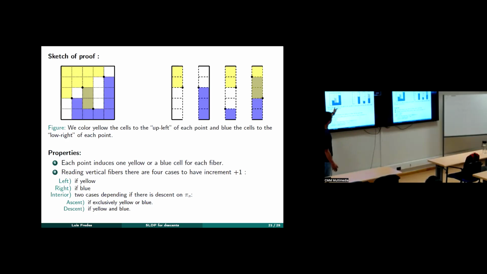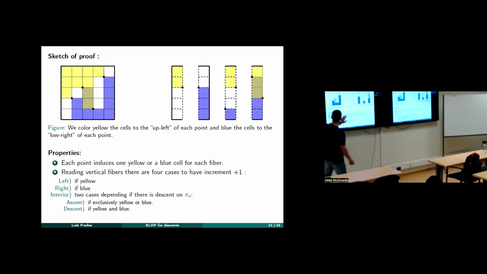So in this strip, we could just have this kind of configurations. To the left, the same principle but with blue, and in the middle we could have two different situations.